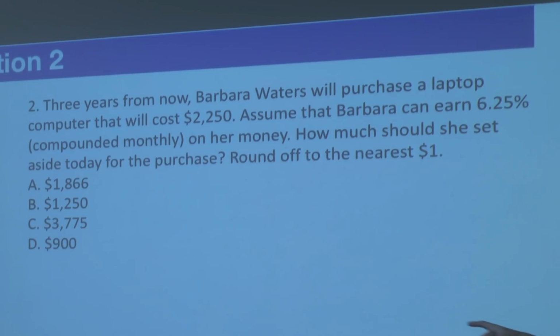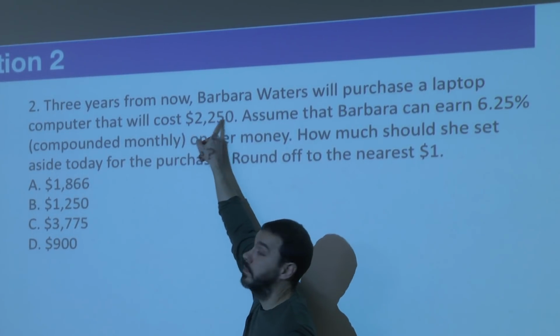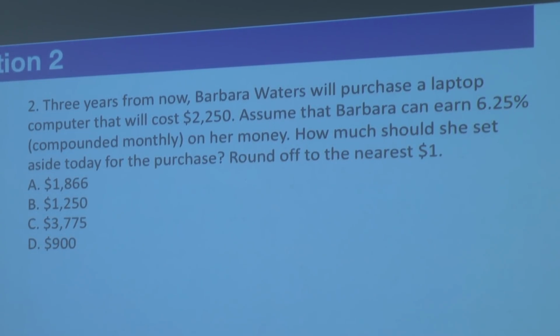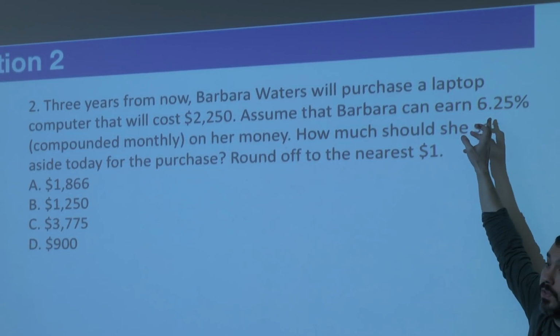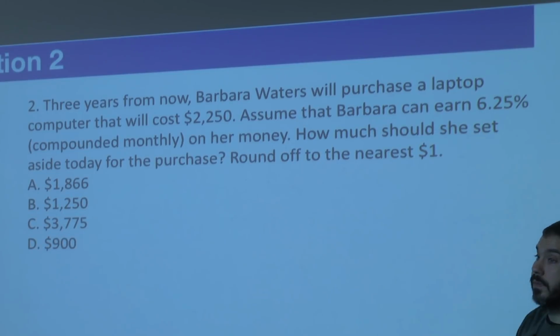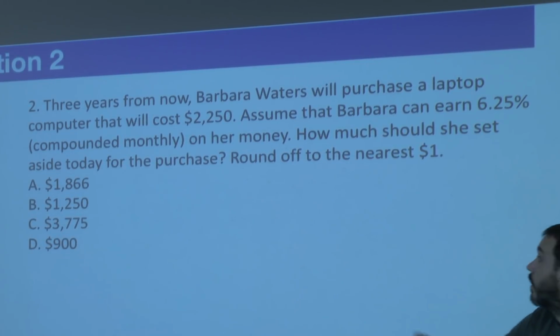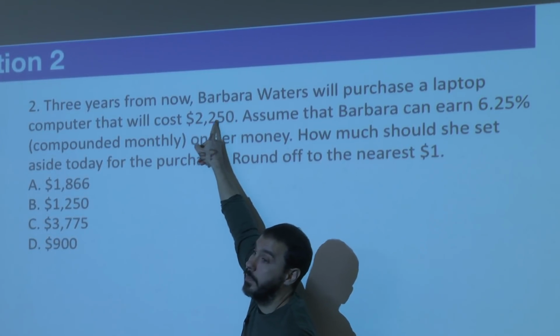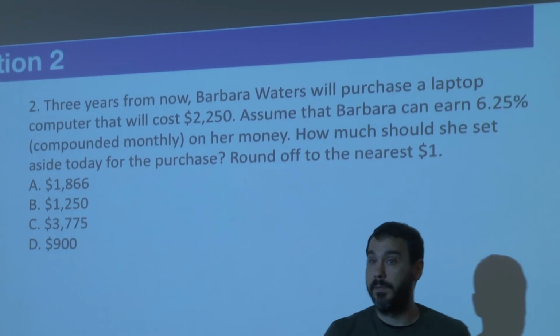We have some future value, and we want to know how much we should set aside today so that, given a certain interest rate that we can earn, our money will grow until it becomes this at a certain point in time.